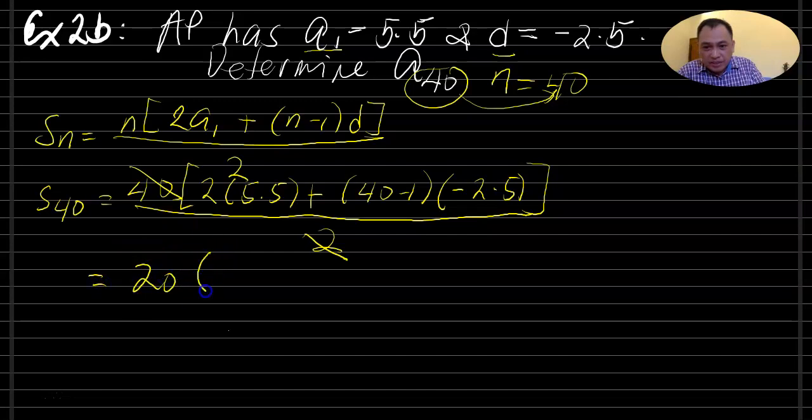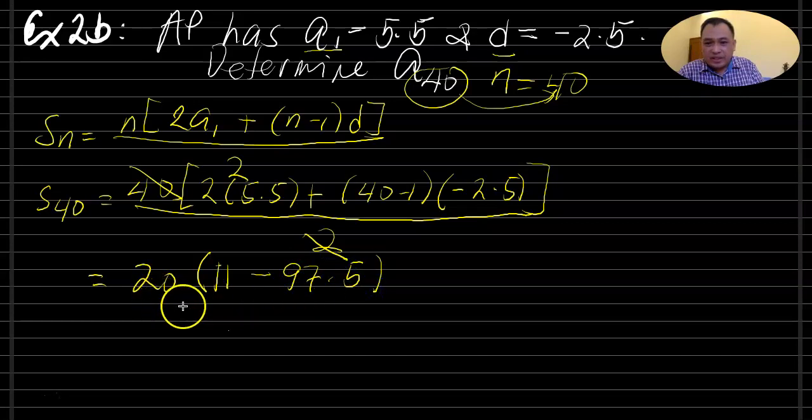20 times 2 times 5.5 is going to give you 11. Okay, that's 11 plus 40 minus 1 is 39 times 2.5 is going to give you 97.5. Yeah, 97.5.